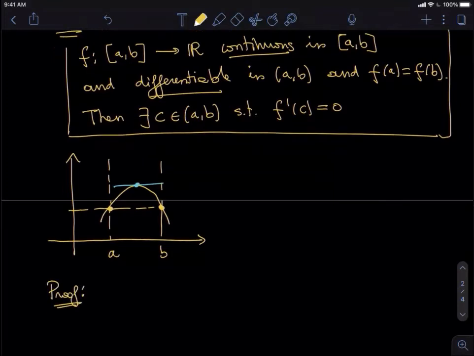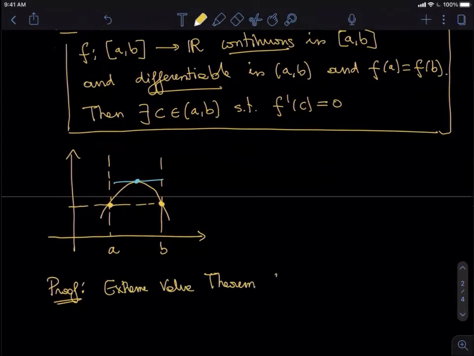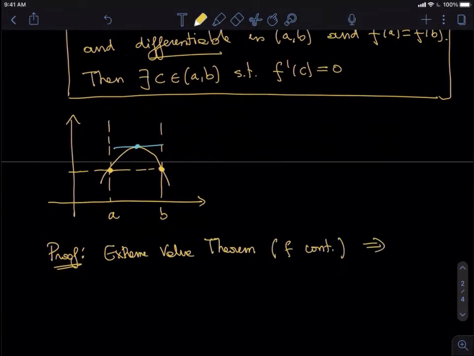So here we are going to use the extreme value theorem that we saw for continuous functions. Here we are using that f is continuous. This is saying that f has a maximum in the closed interval [a, b]. Here it's very important that we are working on a compact set, [a, b].